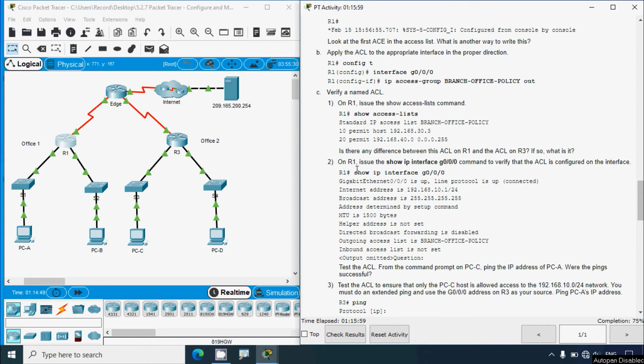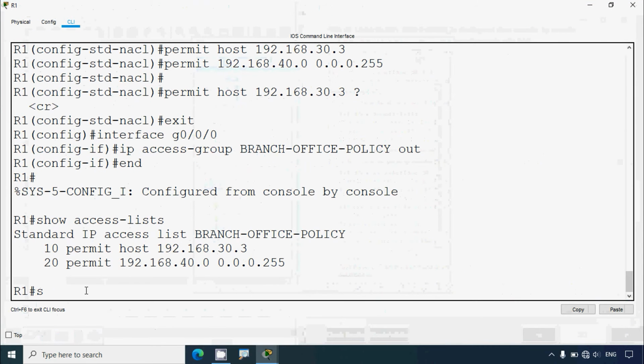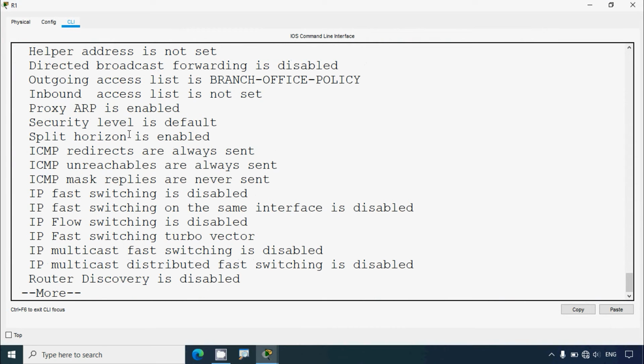Okay, now on R1, issue the show ip interface G0/0/0 command to verify that the ACL is configured on the interface. Okay, coming to R1, show ip interface G0/0/0, and here we can see the outgoing access list is branch-office-policy.